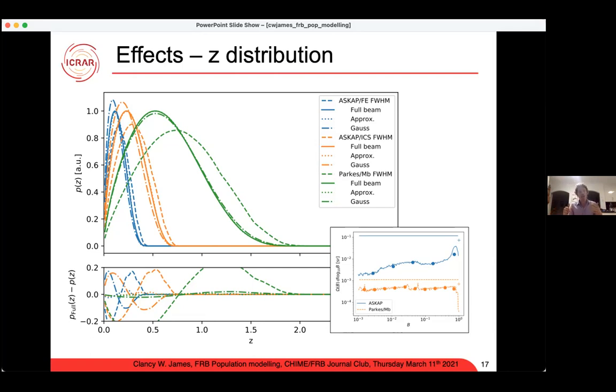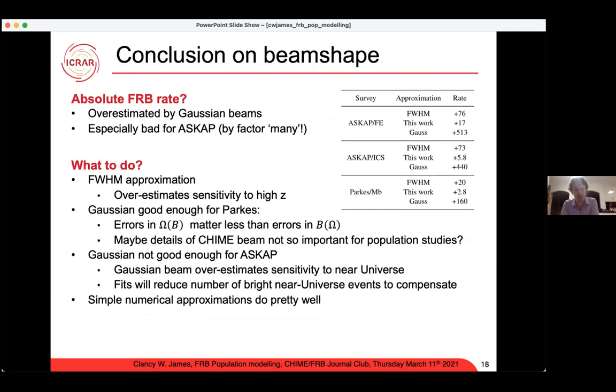But if you're only caring about, you know, that non-repeating population, and I hate that phrase, then maybe you can get away with a fairly approximate beam shape estimate for the purposes of your average sensitivity to the sky. Maybe. Again, probably not because of repeaters. So that was the conclusion of beam shape.